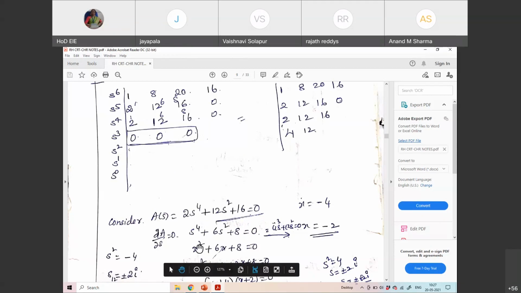Take the derivative of it, which would be 4s cube plus 12s. So the coefficient of s cube is 4 and the coefficient of s is 12. So I got 4 and 12. Can you not complete the remaining s square, s1, s0? Take this and complete the remaining rows s square, s1 and s0.